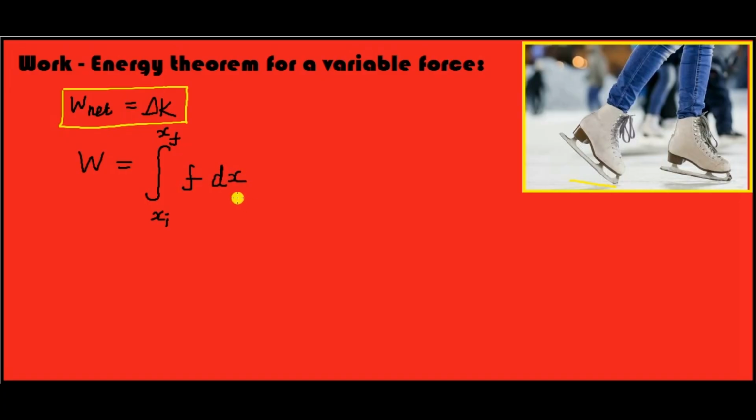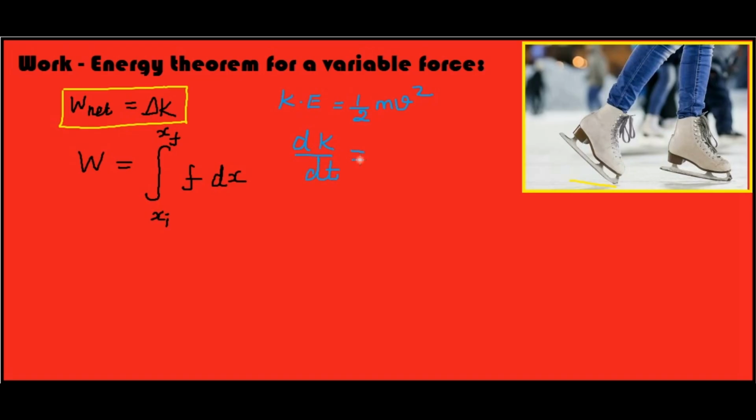Now the kinetic energy at any instant will be given by the formula we know, half mv square, where K is the kinetic energy. Suppose I'm finding the rate of change of kinetic energy, then I should write this as dK over dt.